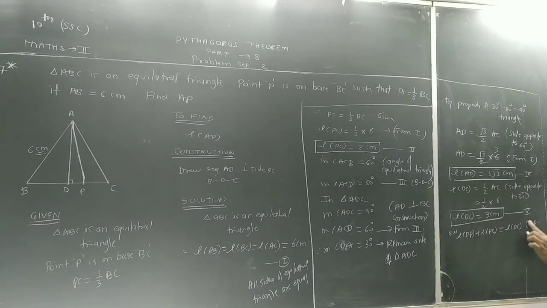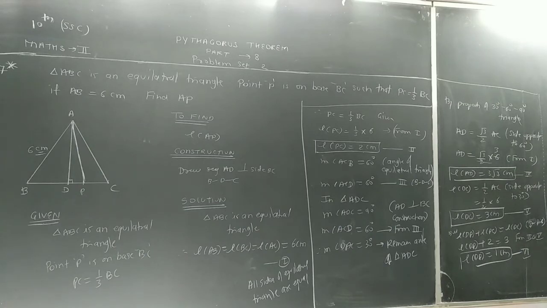D, P and C are collinear points. DP we don't know, but DP plus PC, 2, is equal to 3, from 2 and 5. So length DP is equal to 1 centimeter. That is equation number 6.